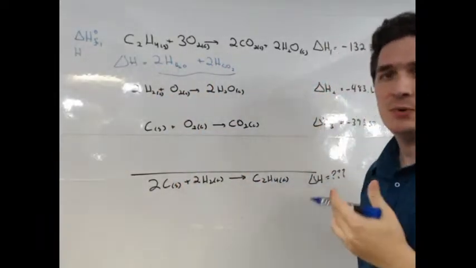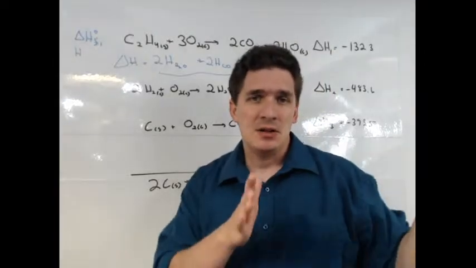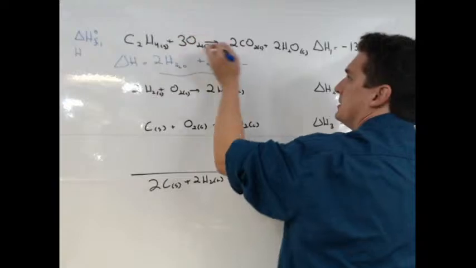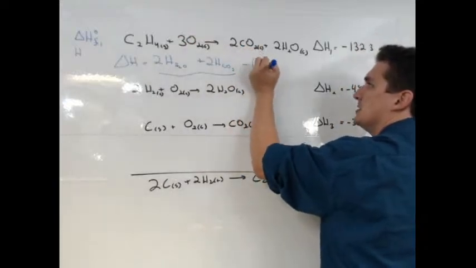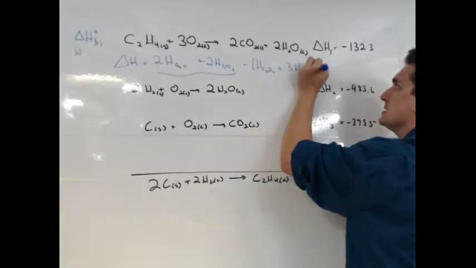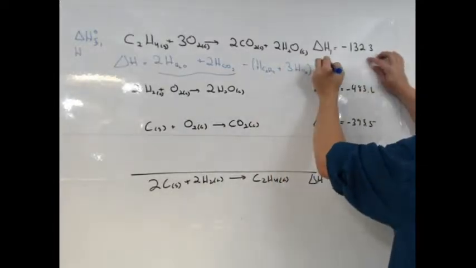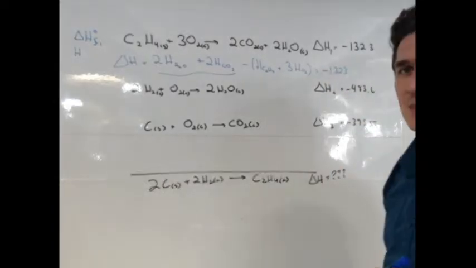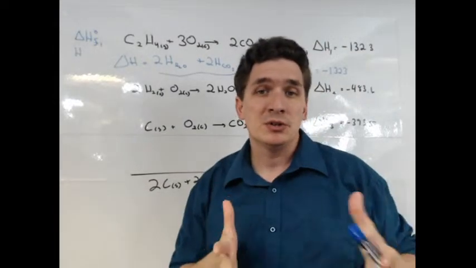That's how much we finish with. Hess's Law is products minus reactants. So what did we start with? We start with however much enthalpy C2H4 has and however much enthalpy 3 O2 molecules have. And we know from the experiment this has an enthalpy change of minus 1,323 kilojoules per mole. So for each reaction, we're going to go through this process.